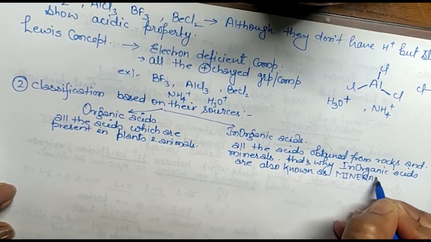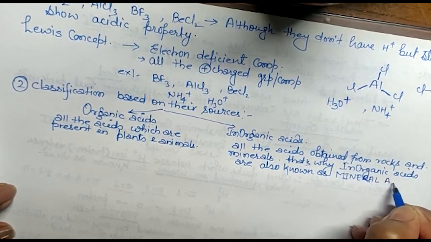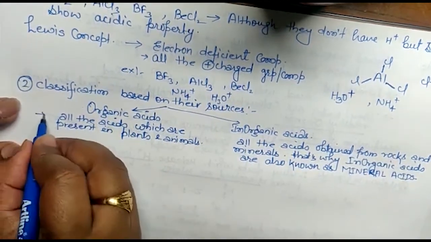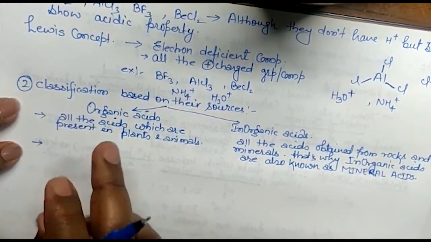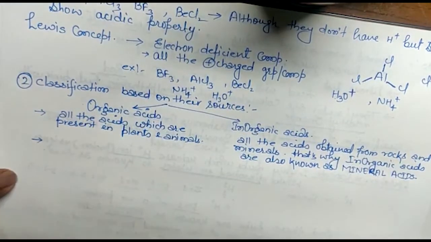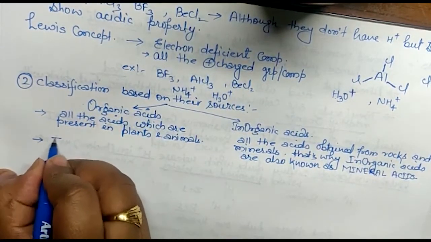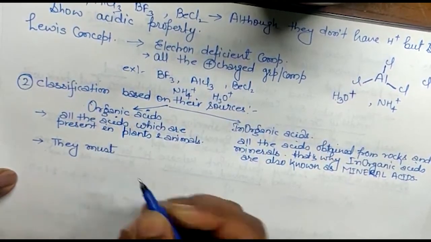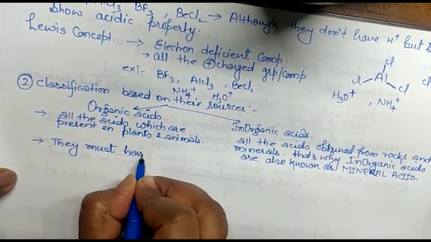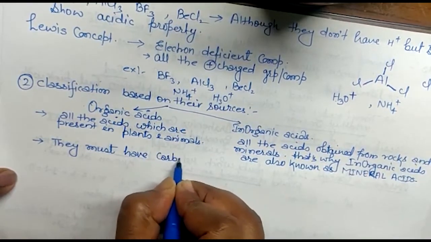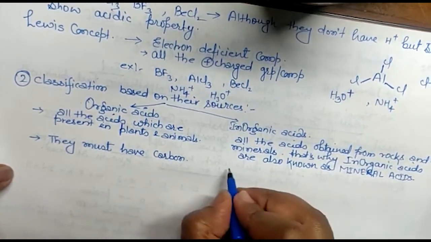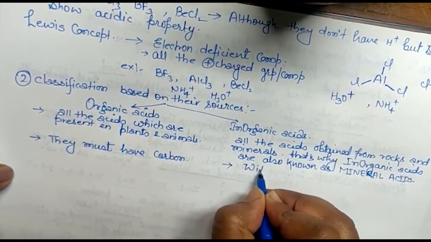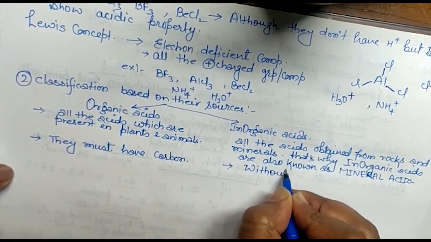Mineral acids. Got it? So another, you can say, organic acid, that means they must have carbon. How will you identify? They must have carbon, and such acids in which carbon is not there, without carbon, all the inorganic acids will be without carbon.